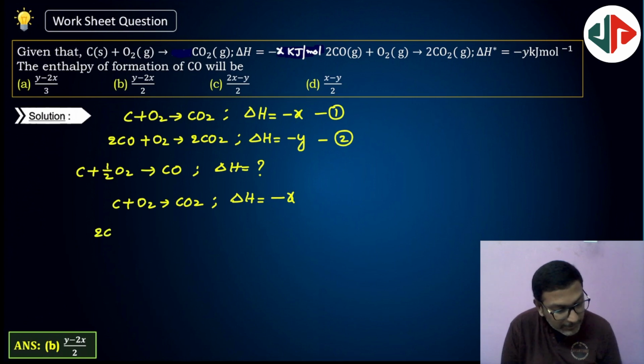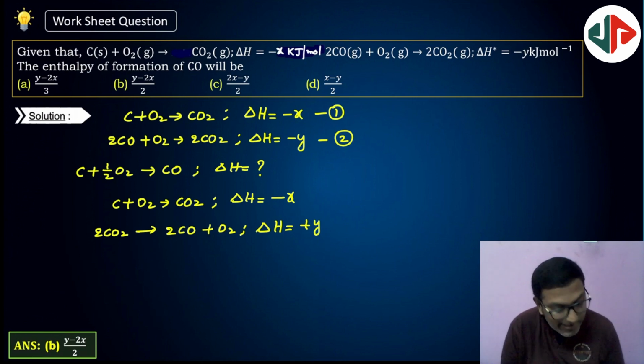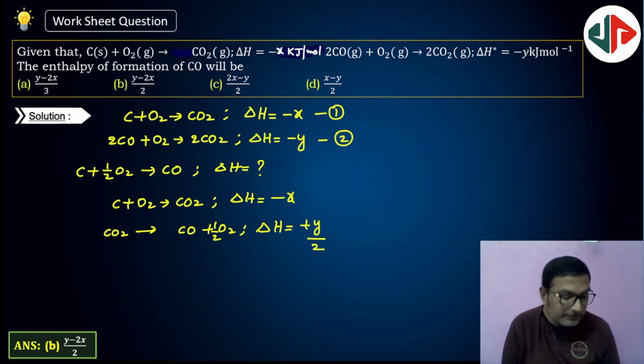That means 2CO2 gives 2CO plus O2. For this delta H is plus Y. Next, divide equation 2 with 2. Therefore, it becomes CO2 gives CO plus half O2. We can write half O2, here Y by 2. Next, add these two.